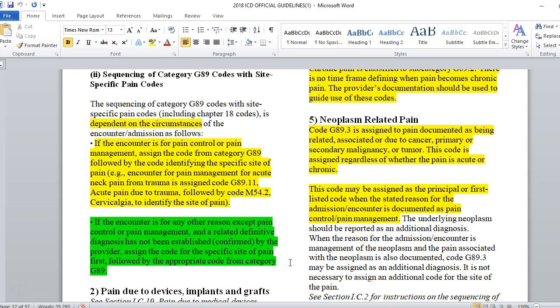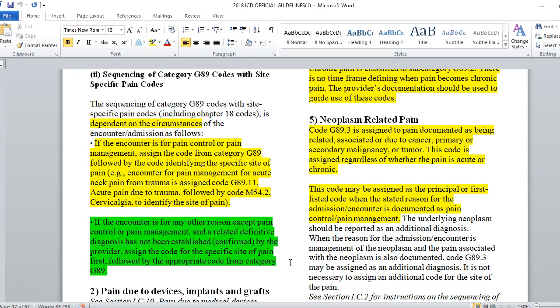Example, encounter for pain management for acute neck pain from trauma is assigned code G89.11, acute pain due to trauma, followed by code M54.2, cervicalgia, to identify the site of pain. And again, that's for pain control and pain management.